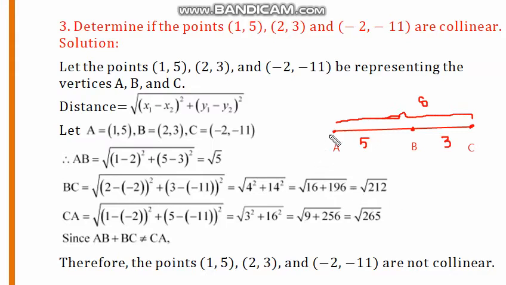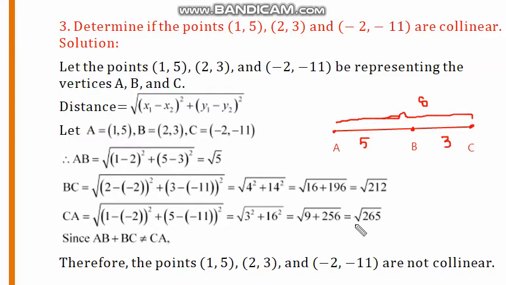Next, we need to find the distance between C and A. If you are taking CA, you can consider C as x1, y1 and A as x2, y2, or else you can take C as x2, y2 and A as x1, y1. Then substitute in this formula.